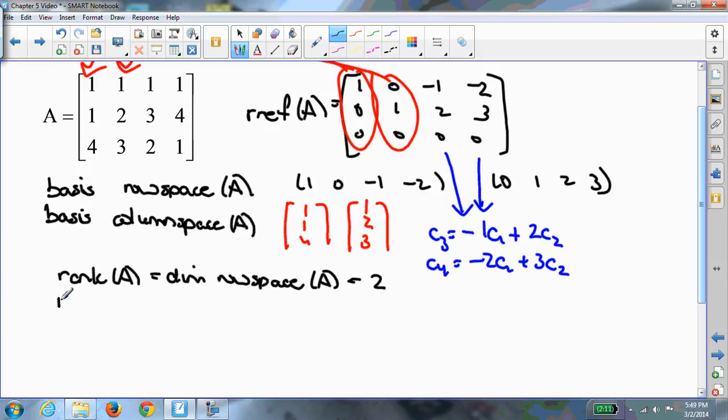The nullity of A would be the number of columns minus the rank. So in this case, there's 4 columns minus 2. The nullity of A is 2.